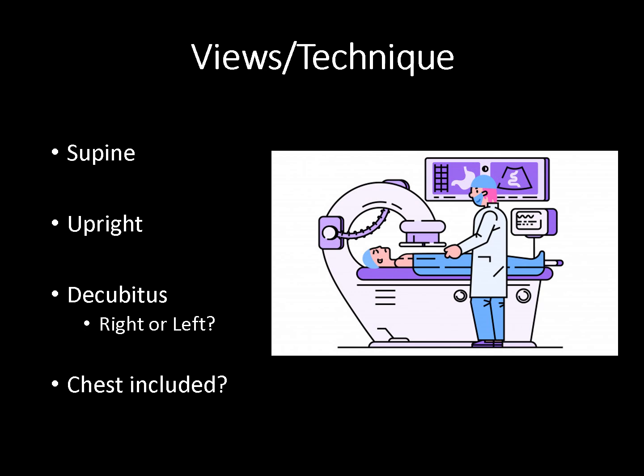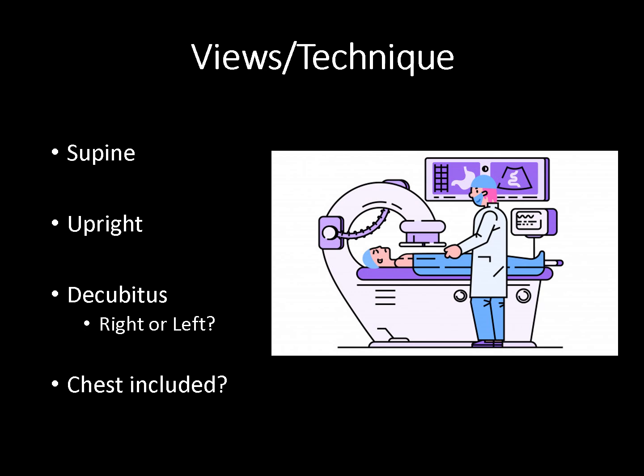So what are the different views or techniques that we use when taking an abdominal radiograph? There's a few different common projections that we acquire. There's your standard supine projection where the patient's just laying flat on their back, and we take an anterior-posterior projection. There's the AP when the patient's upright, so they're sitting up straight, and we'll talk about why that's important.